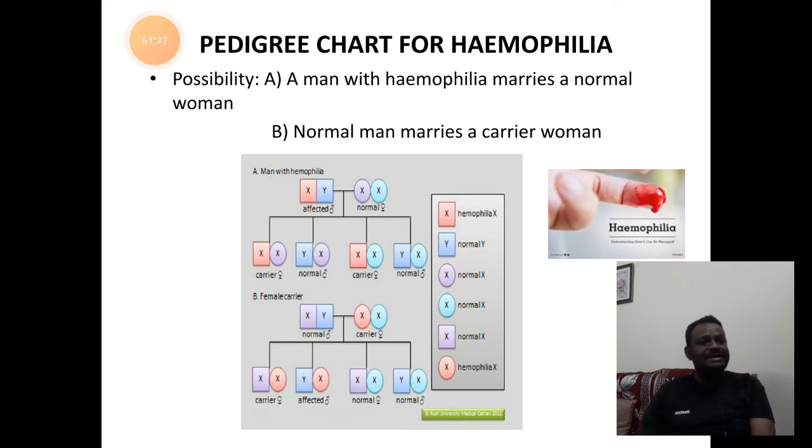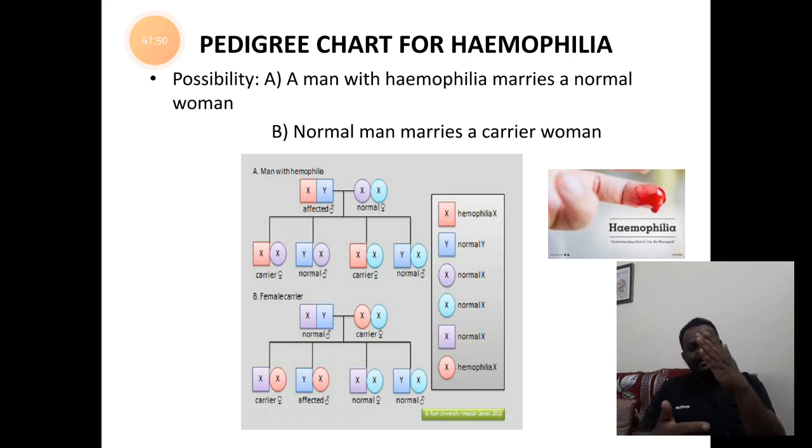It is a condition wherein the affected individuals who have the X-linked recessive gene fail to have the thromboplastin protein in their blood system. So, clotting is lost.